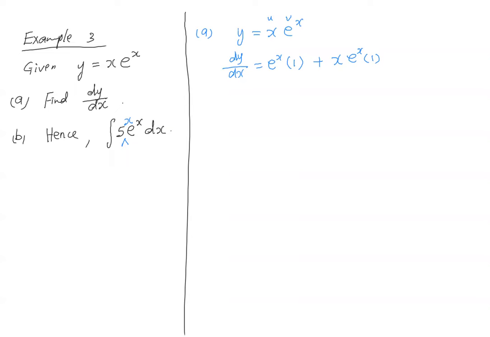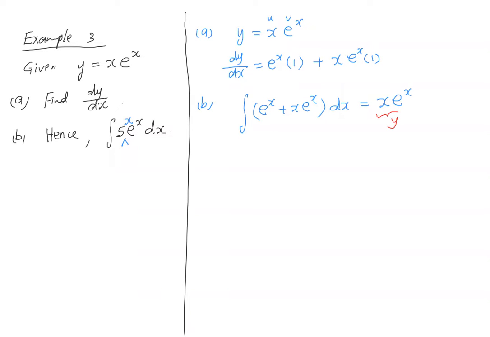So part B, straight away, you don't think twice. If I integrate my dy dx, which is this whole thing, I will get back my y. Understand? So this is your y.